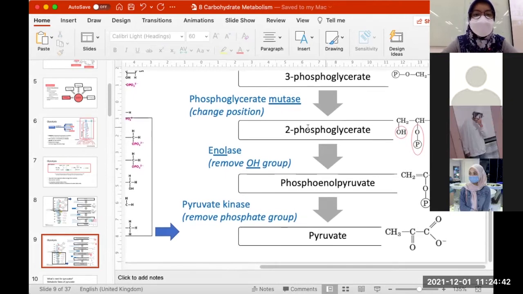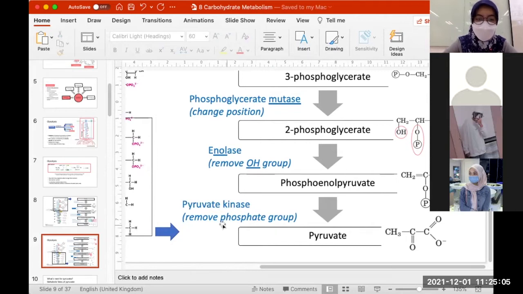Okay, and this 2 phosphoglycerate will undergo reaction and form phosphoenolpyruvate. And this step is catalyzed by enolase. So removal of OH group over here. So we have phosphoenolpyruvate.